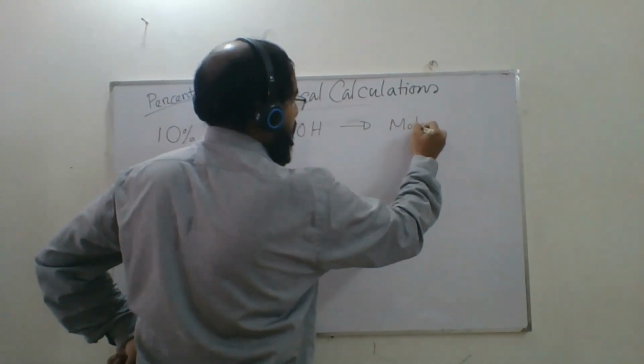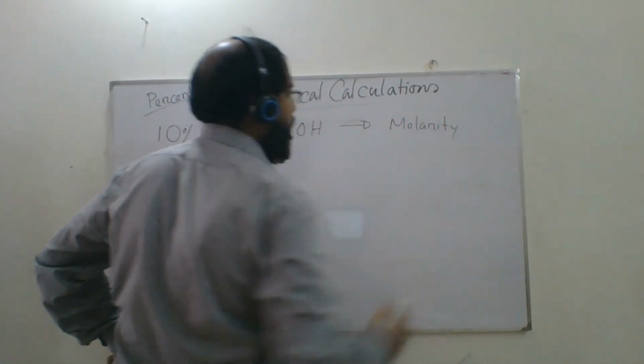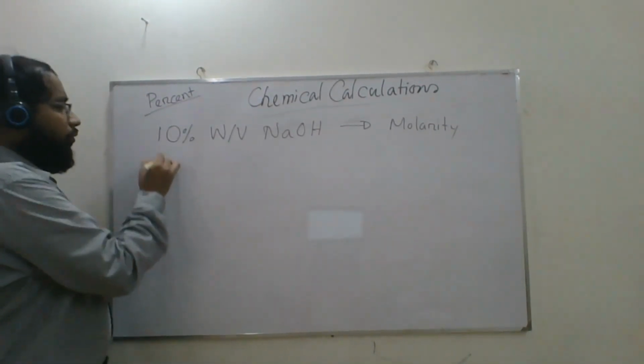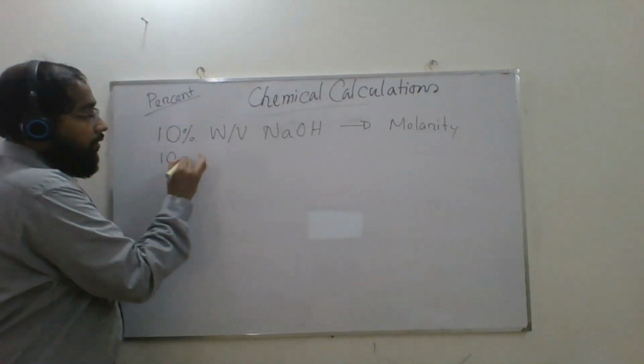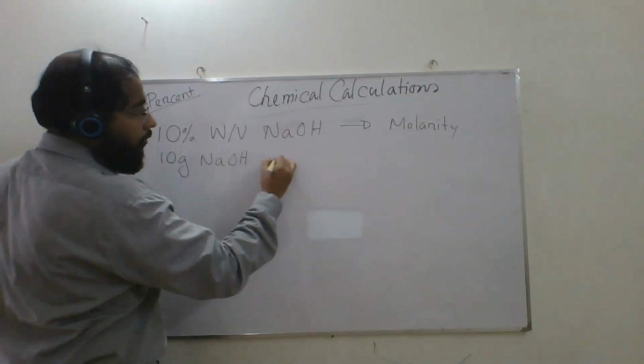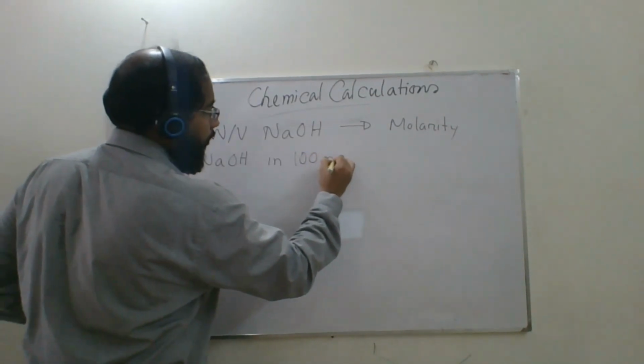It is easy. Now you calculate, 10% weight by volume means 10 gram sodium hydroxide in 100 ml solvent.